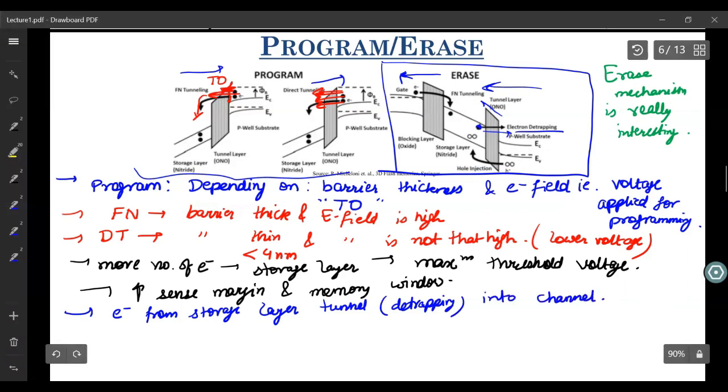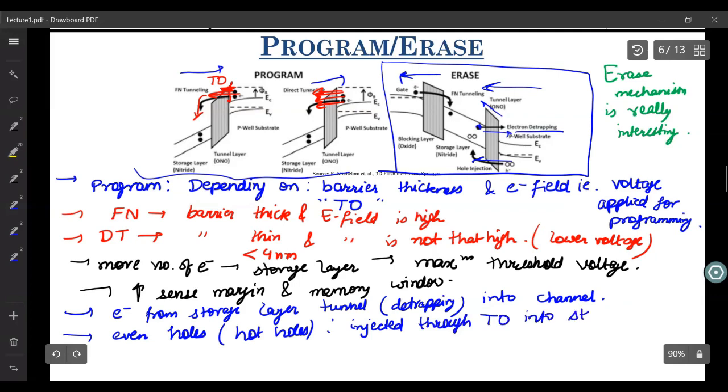So the main underlying principle for this erase is you have to get rid of all the electrons in your storage layer. So how can you do that? Either you extract electrons back to your channel, or you send holes to the storage layer so that they annihilate those electrons. So even holes may be injected through your tunneling oxide into the storage layer.